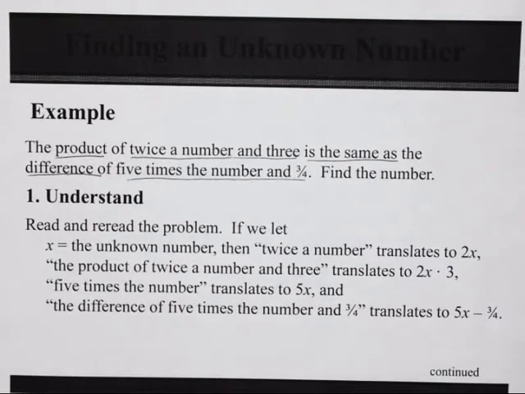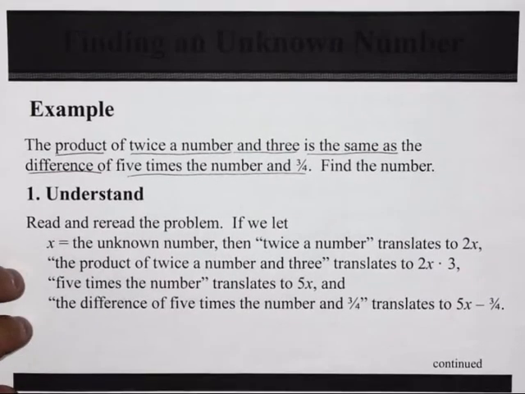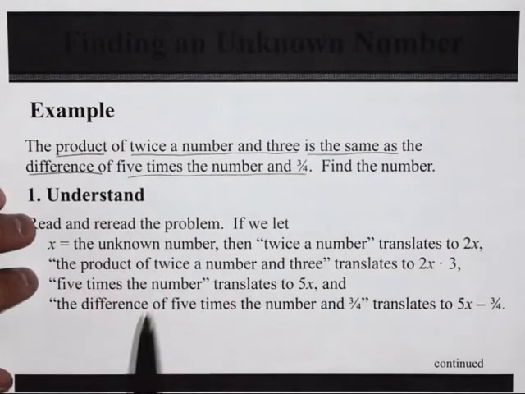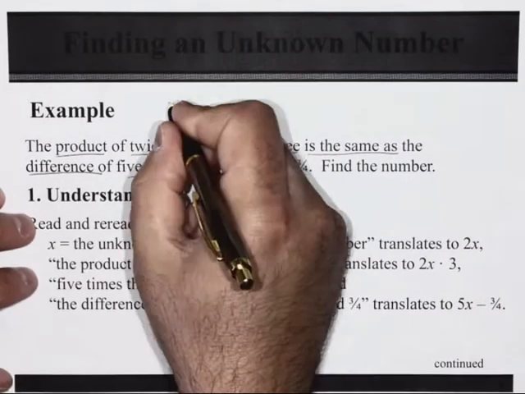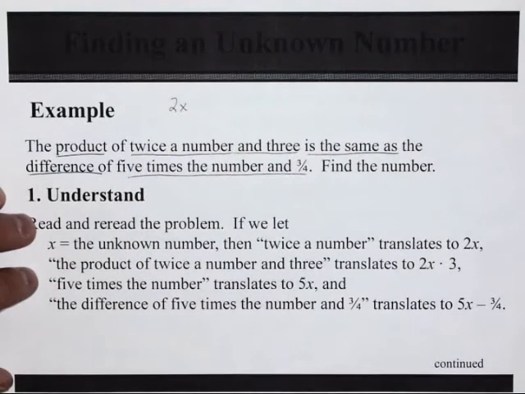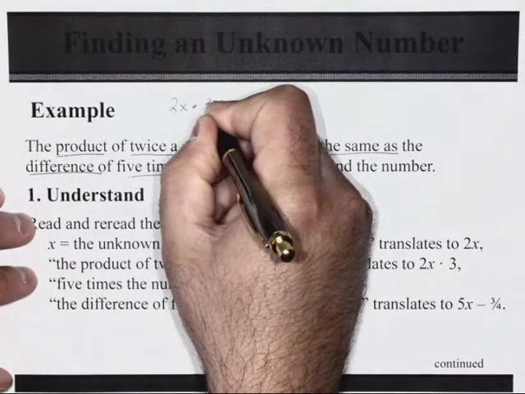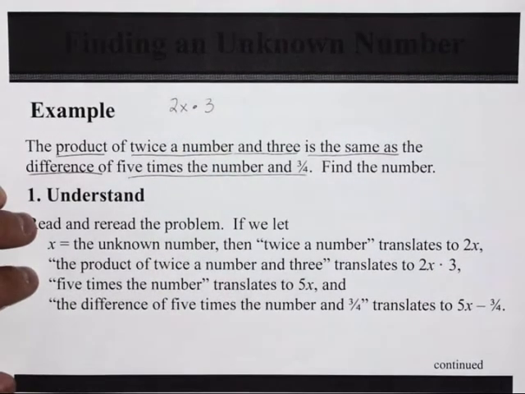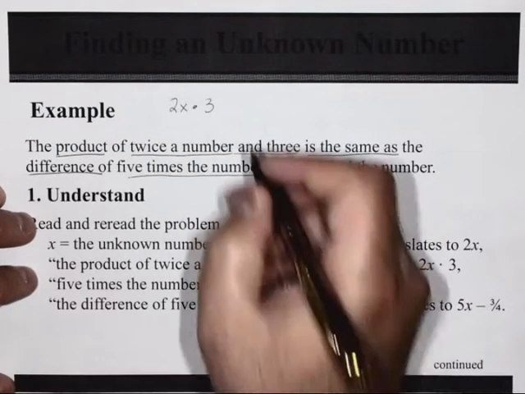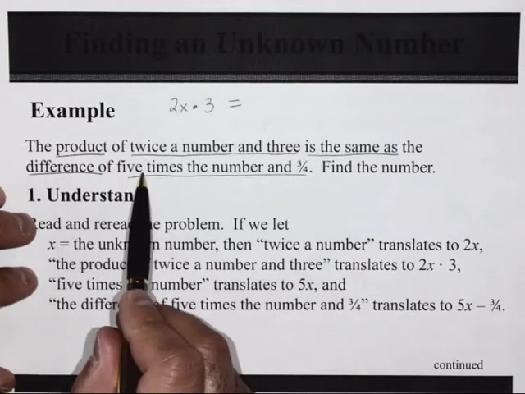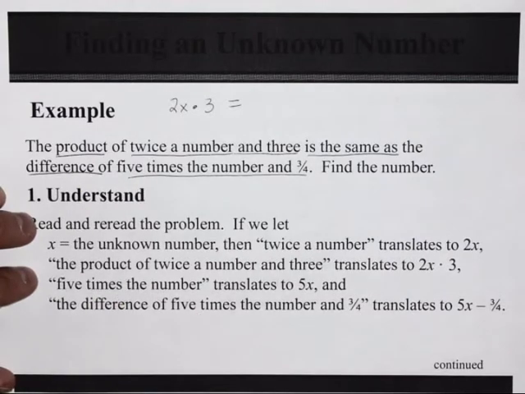So if we want to write that out in an equation form, we use those key words. So product of twice a number, so twice a number would be 2x. So the product of that and 3, so we're multiplying 2x and 3, so that's basically this part, is the same as, equals, the difference of 5 times the number and 3/4.